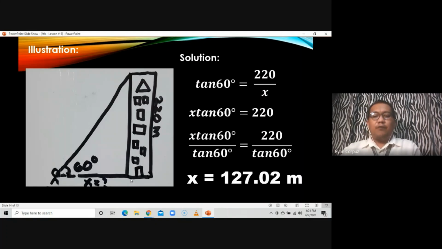So again, for number 5, the correct answer is 127.02 meters. So is there any question for number 5? So any questions for the 5 examples that we discussed today?